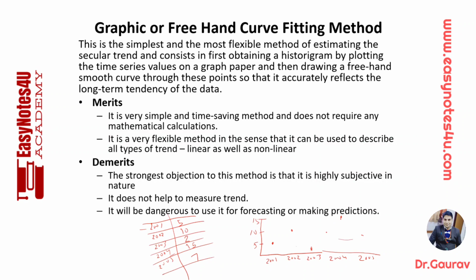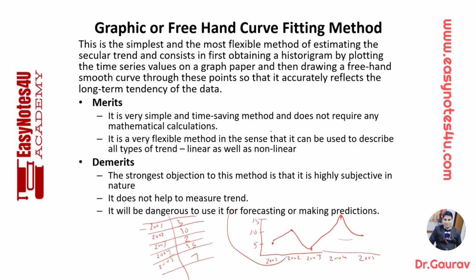So the trend will become like that. So this is the freehand method. We can just draw the graph from the given values in the examples. This is the simplest and most flexible method of estimating the secular trend. You can see that firstly it increases then decreases, then increases very sharply and then decreases.